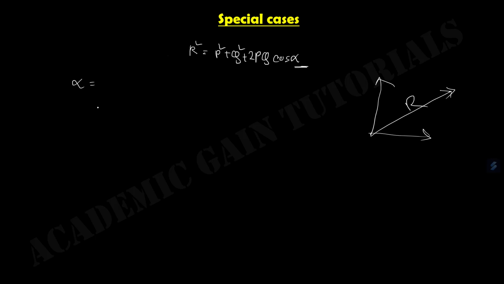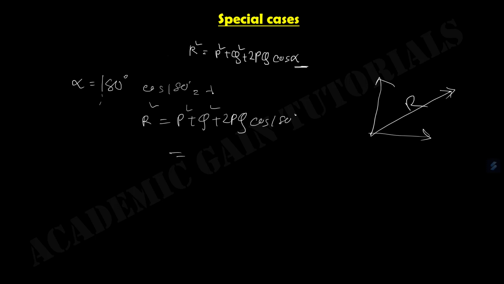Now if alpha equals 180 degree, then the resultant R square should be P square plus Q square plus 2PQ cos of 180 degree. We know that cos 180 degree equals minus 1. Then this should be P square plus Q square minus 2PQ.